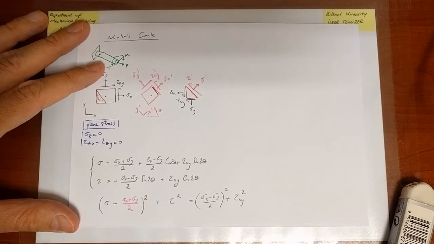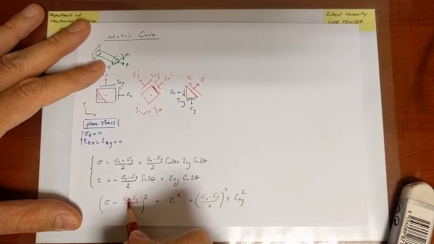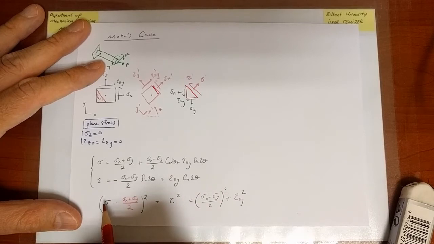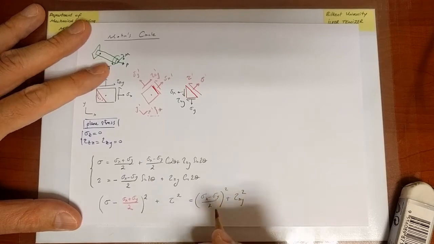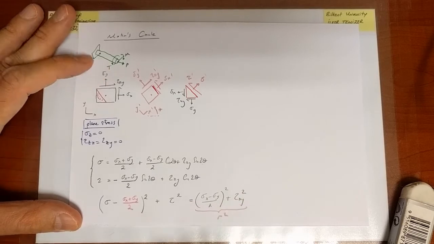And now when you look at this equation, what you see is a quantity, or if you like, think of sigma as x-axis, tau as y-axis. X minus a certain value squared plus y squared is equal to something. Let's call that something r squared to make it more suggestive.